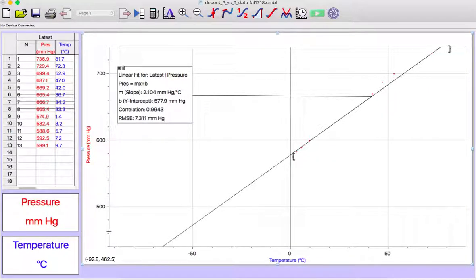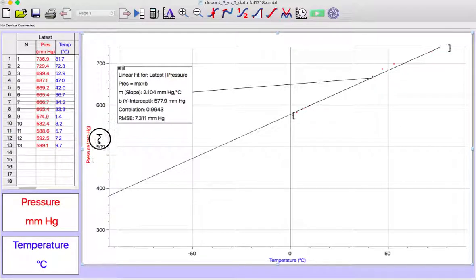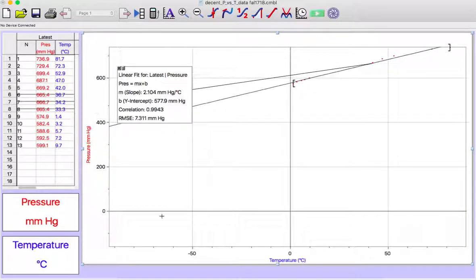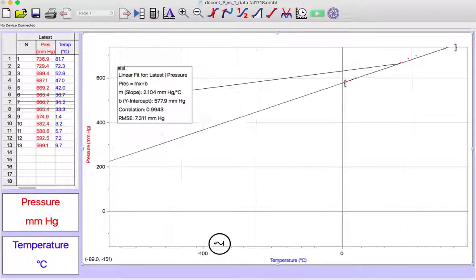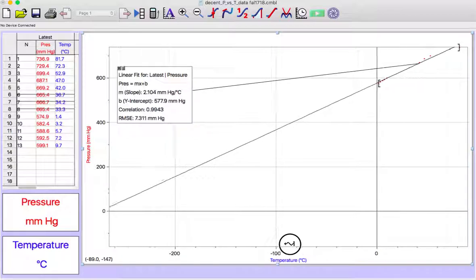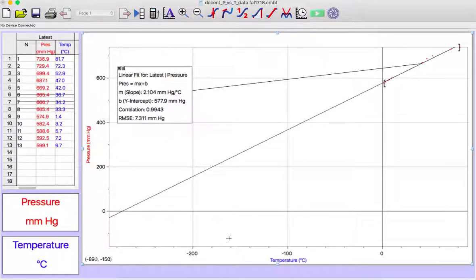Not down to 0 yet. I have a long ways to go on the vertical axis. There we go. I'm just going to keep sliding and look for where this line crosses 0. There it is, right there, where I have my cursor placed right now.